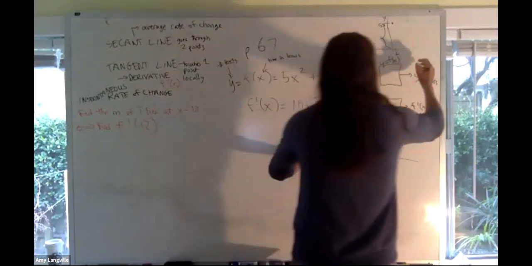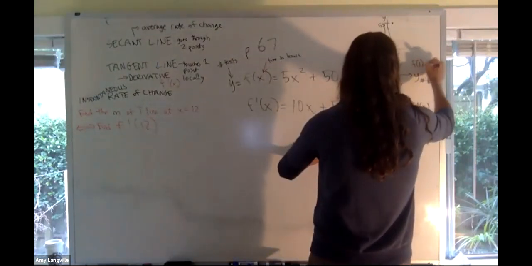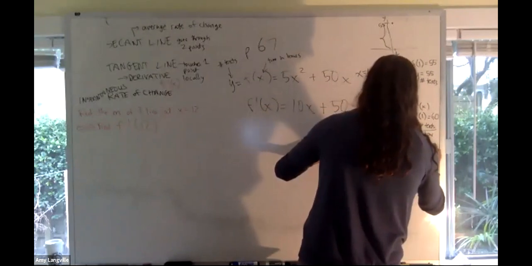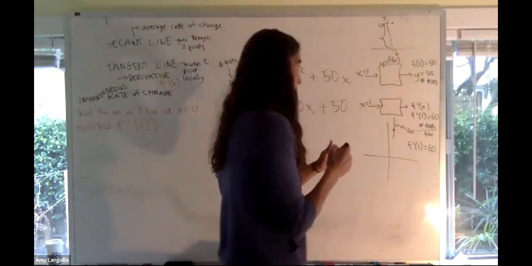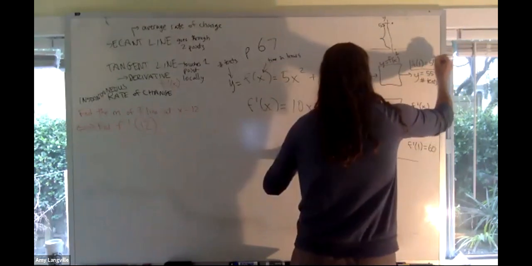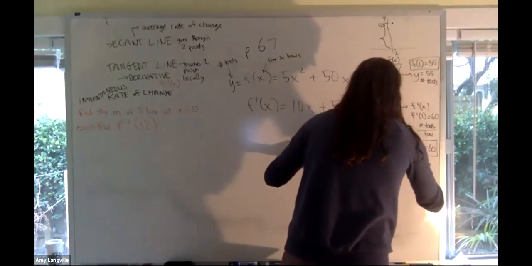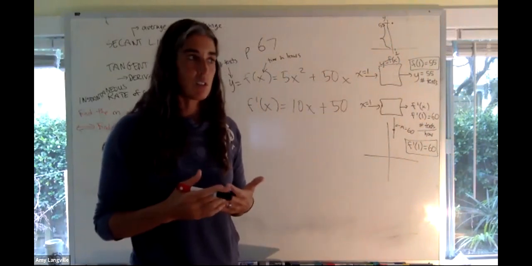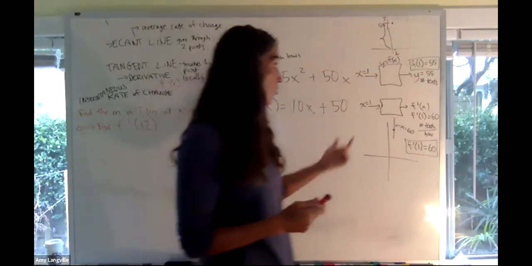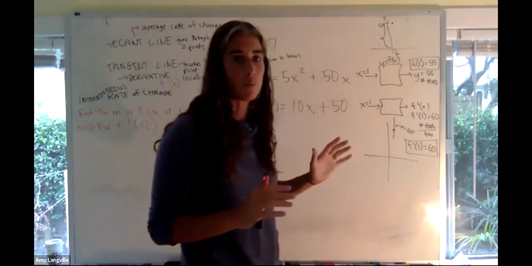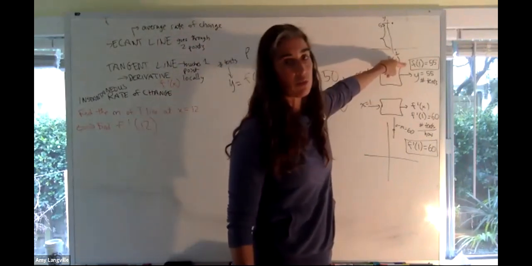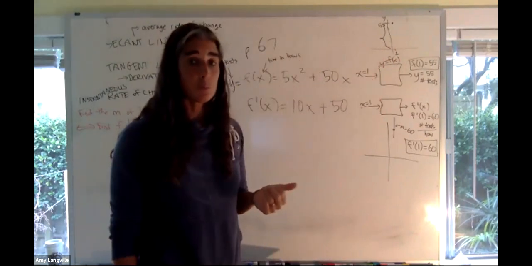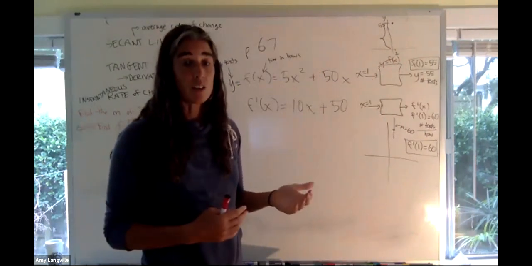Another way of saying this is f of 1 equals 55. This is f prime of 1 equals 60, right? Those are really compact mathematical statements. And I find every semester, one of the things students really struggle with is the notation. If I could just ask you this in words, you'd say, oh, no problem. This little compact mathematical statement, f of 1 equals 55, means when x equals 1, y is 55.